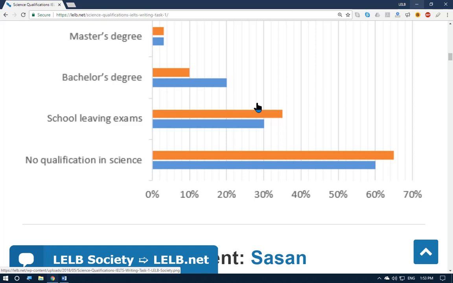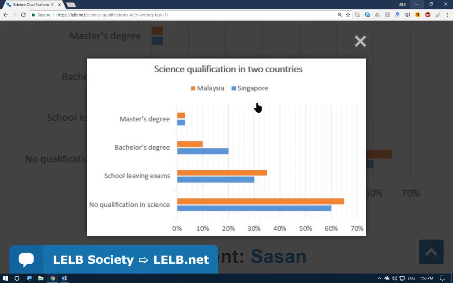I mean the graph or line graph that should be analyzed. I will give you one chance to digest it, because the report written by LELB Society students has been written on the basis of these photos. So please try to analyze that and keep a record of that.